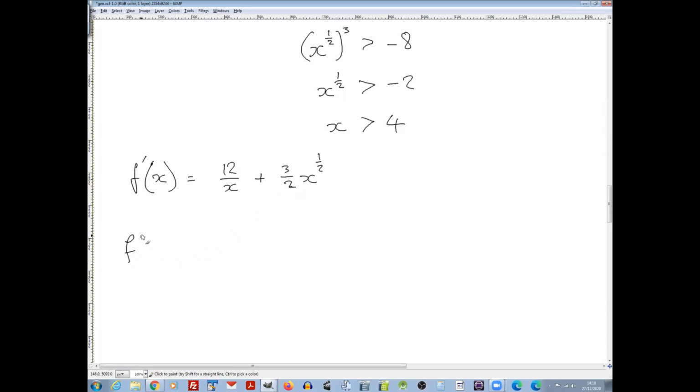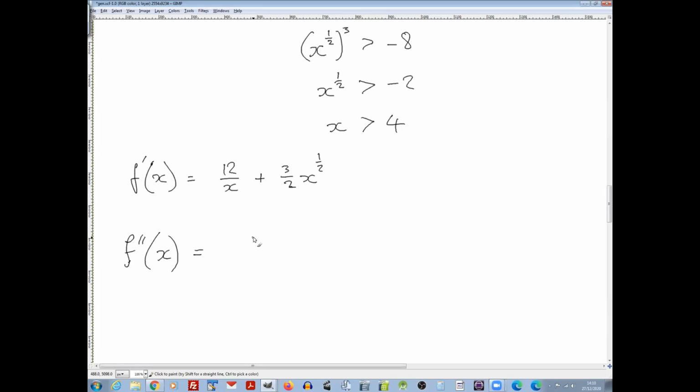So f double dashed, okay? You're familiar with what we're talking about, yeah? Okay, so then you'd get, 12 over x is the same as 12 times x to the minus 1.